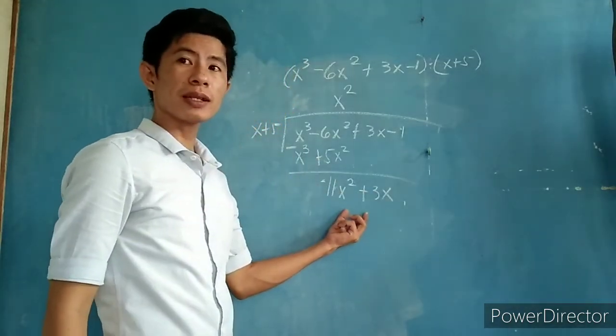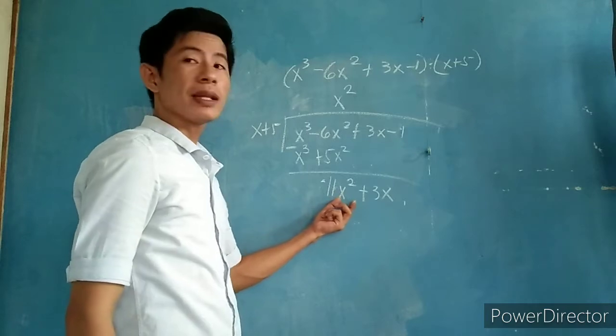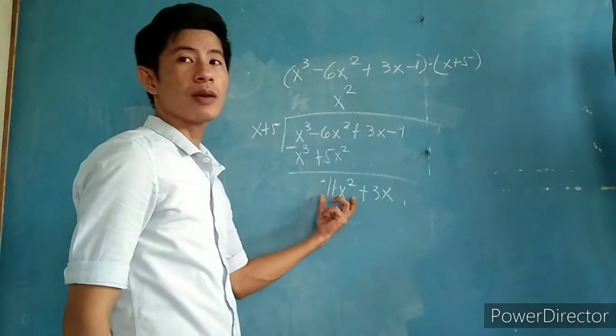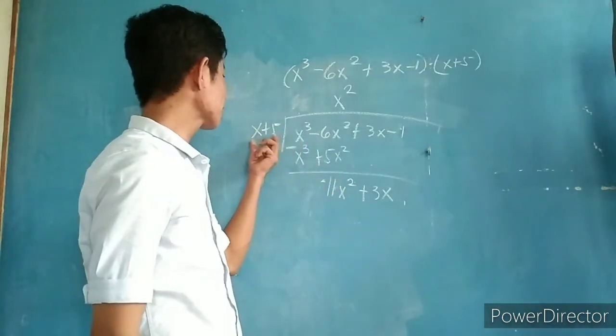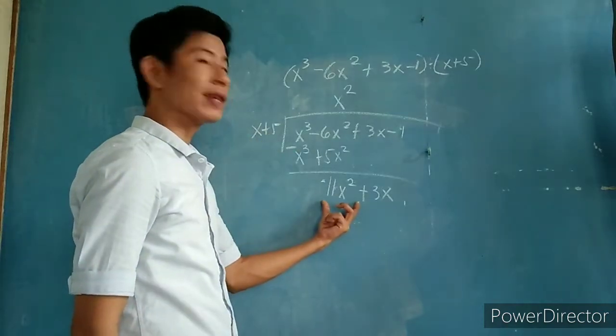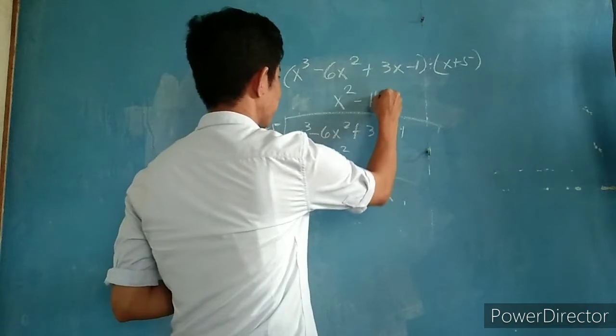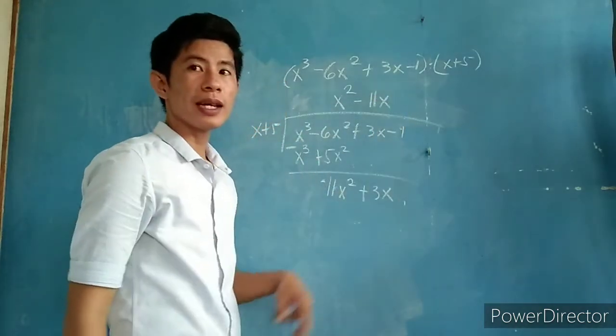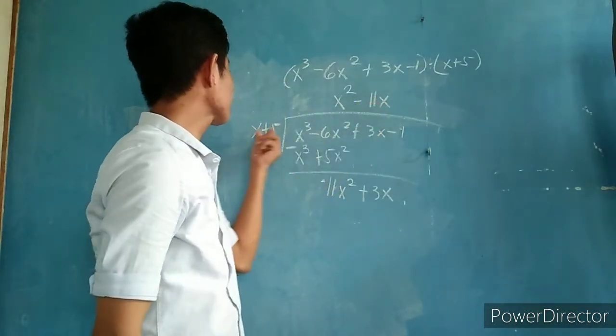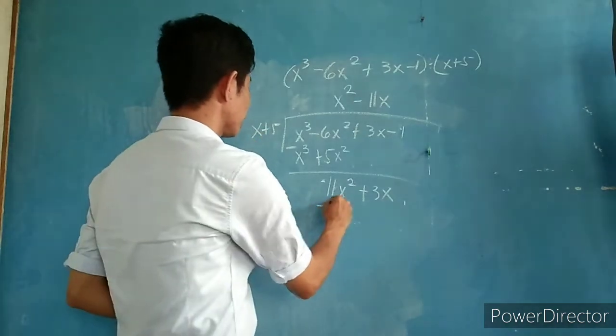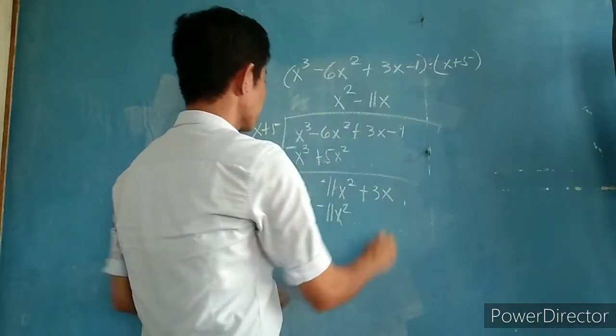And then we will repeat the process by dividing the first term of our new dividend by the first term of our divisor. So negative 11x squared divided by x is negative 11x. Then negative 11x times x is negative 11x squared.